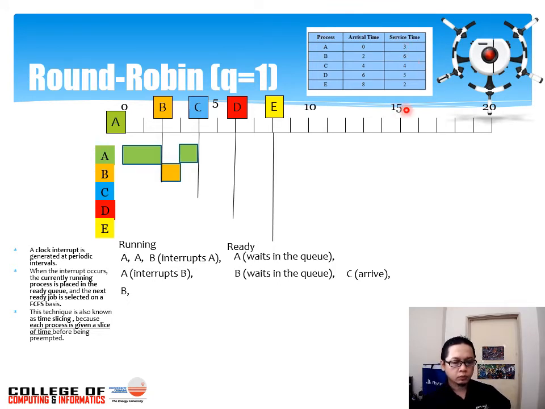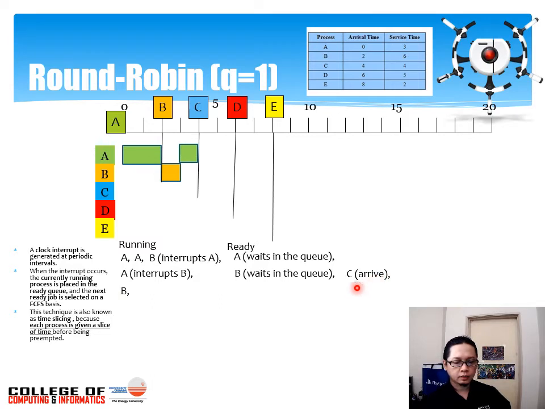So now it's between B and C. Previously B waited in the queue because A was executing and C arrived. Now that A has finished all its service time, B is getting out of the ready queue and is now running.